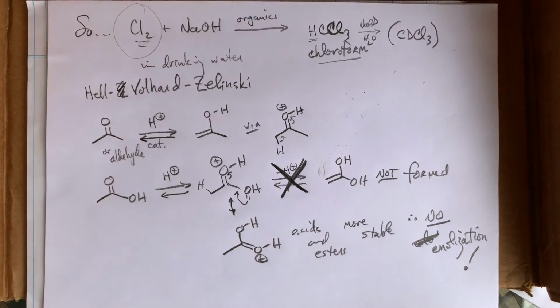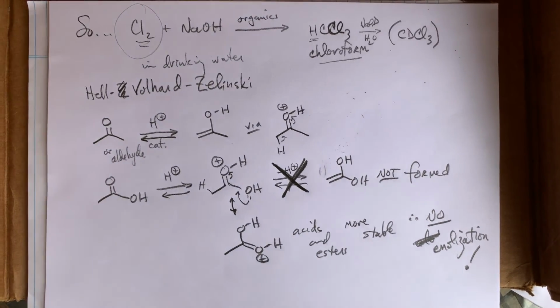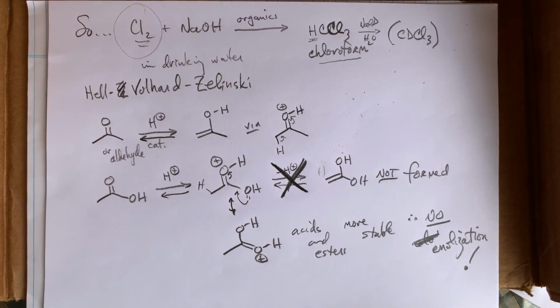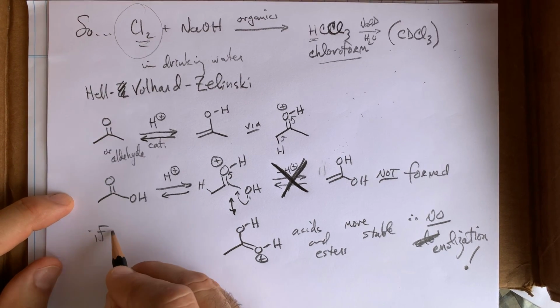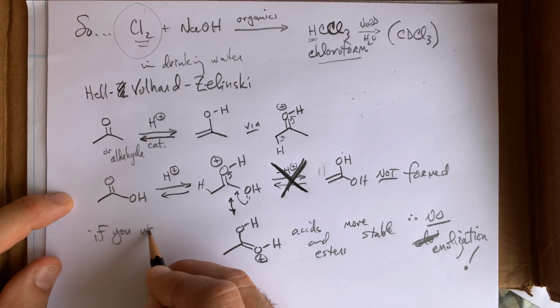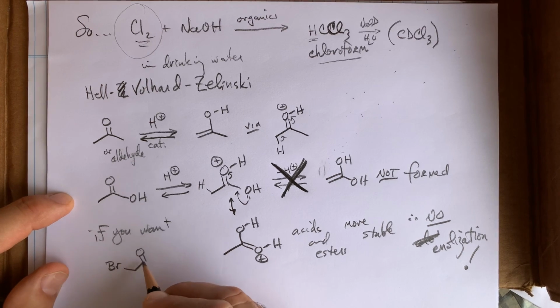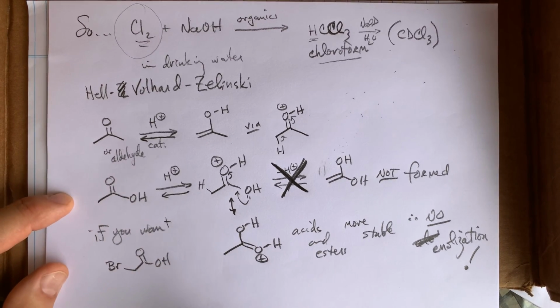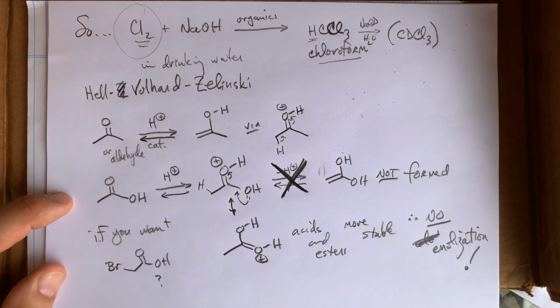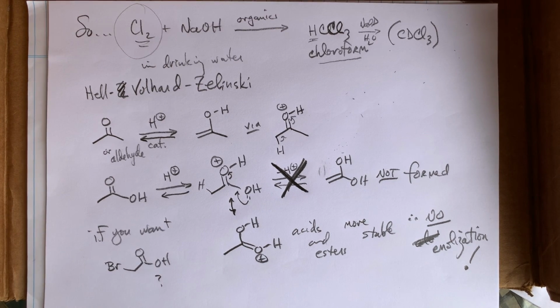Period. Exclamation mark. You don't get enolization. So if you want bromoacetic acid, what do you do? You can't brominate it under acidic conditions.